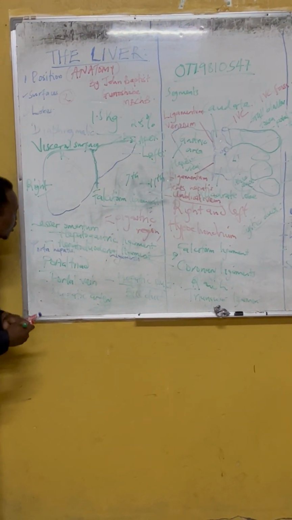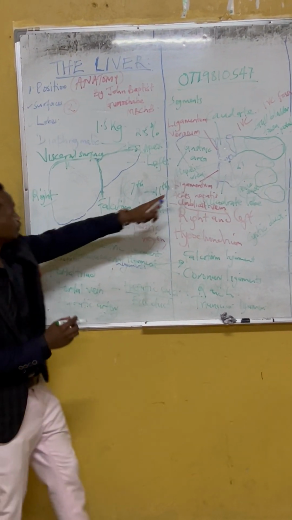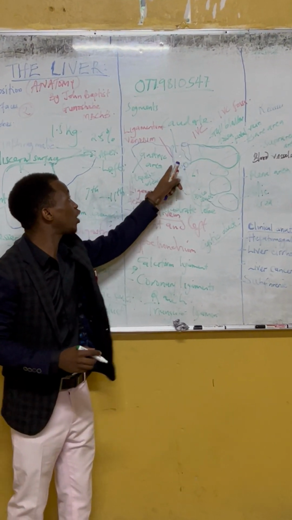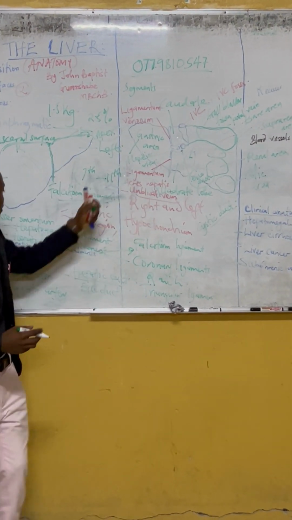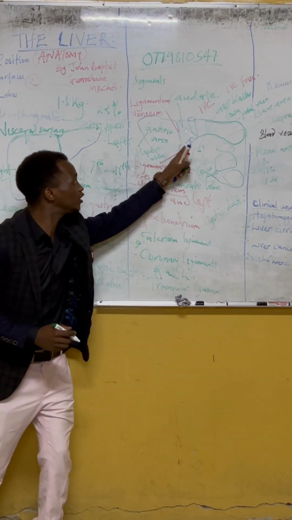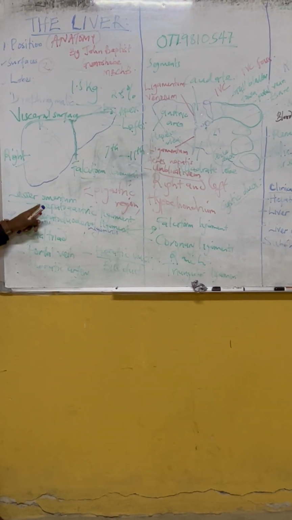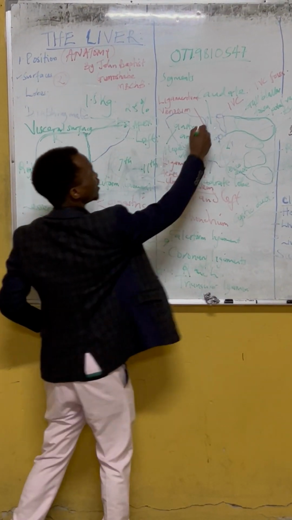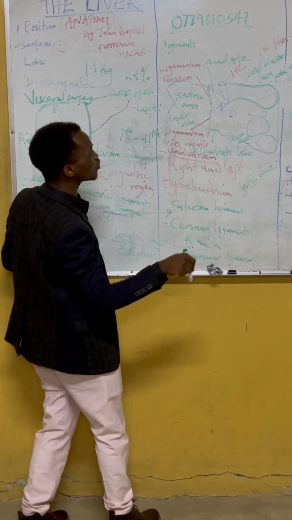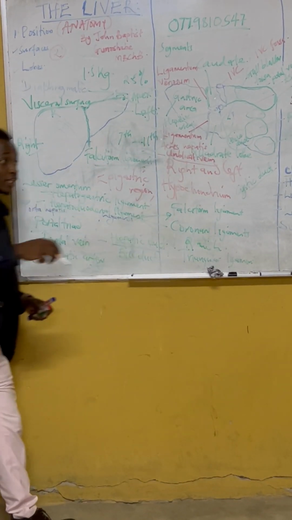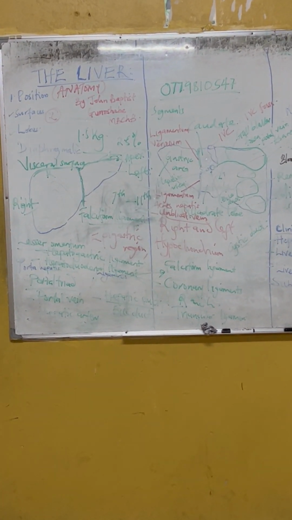The hepatoduodenal part originates from the portal triad and goes directly to the duodenum. Then the hepatogastric originates from the ligamentum venosum and goes to the lesser side of the stomach.